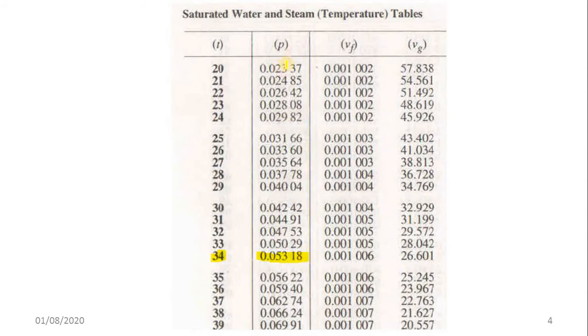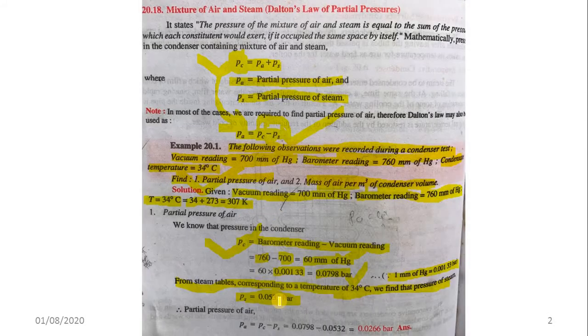So that pressure is in bar. That's why we convert that earlier value of the PC into bar, in order to keep the same unit.